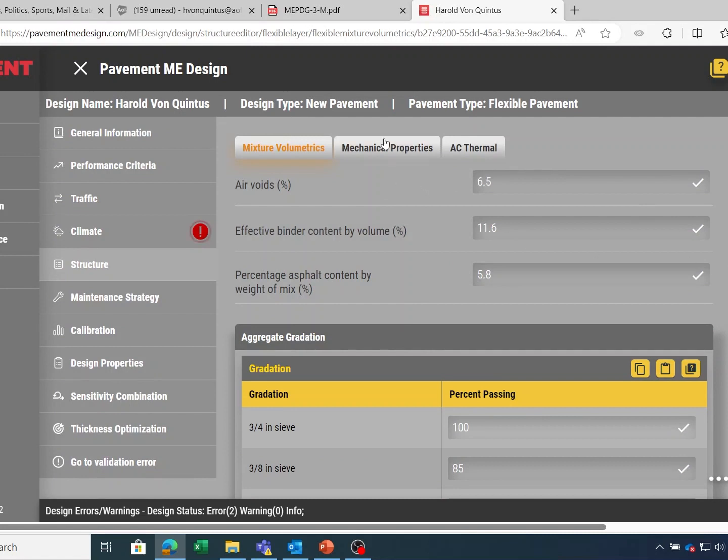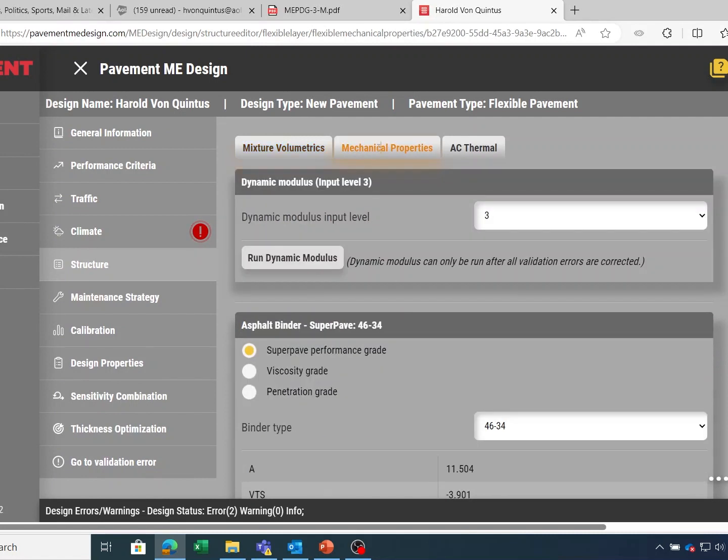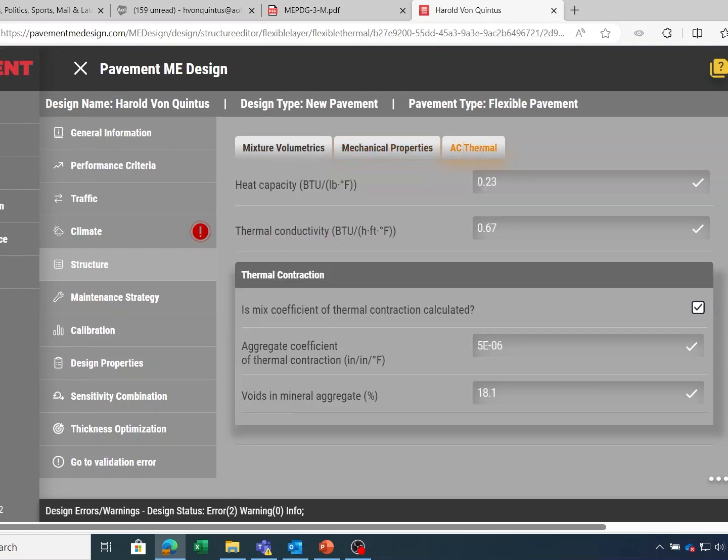Okay, now before we get into mechanical properties, we're going to cover the thermal properties. The thermal properties are required for each layer within the flexible pavement, either the wearing surface or the base layer. All the thermal properties are required.